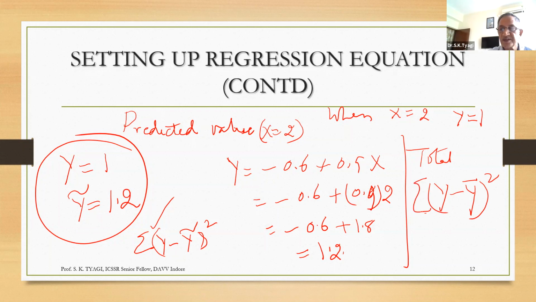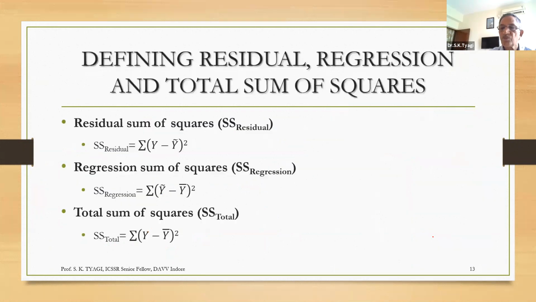Residual is clear. Regression sum of square, SS regression, is the sum of y predicted minus y mean, whole square, and total is the sum of y minus y mean, whole square.